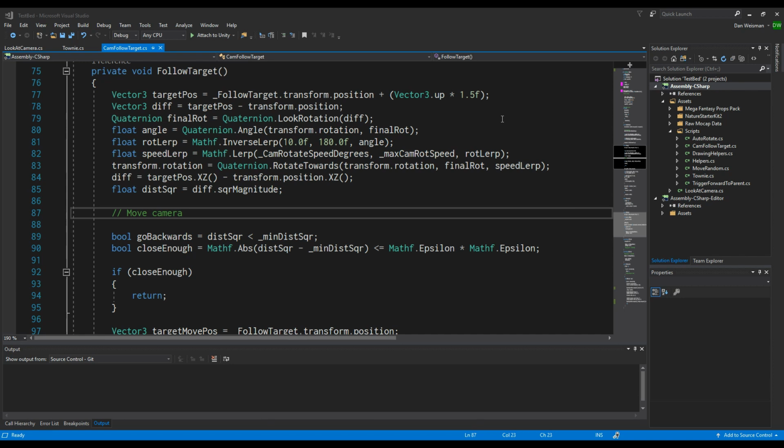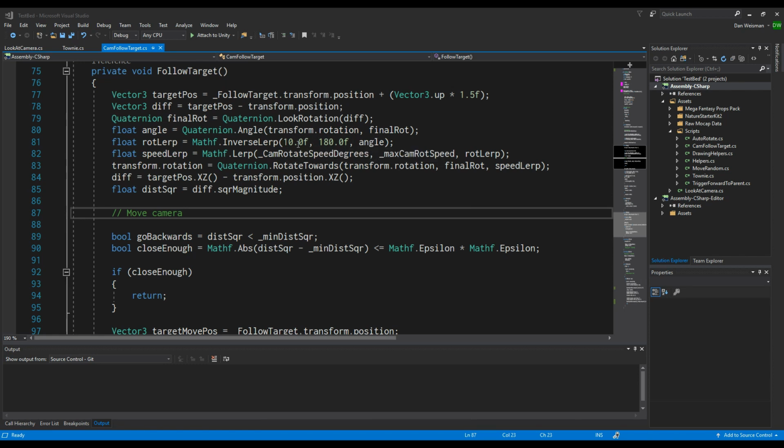So now we're getting into some more advanced math here. Not too complicated, but hopefully you'll be able to follow me here. So I like the inverse lerp function. What this function does is, think of it this way. If you take this value A and this value B, and you give it a third value C, it's going to tell you how much in between this and this value is.